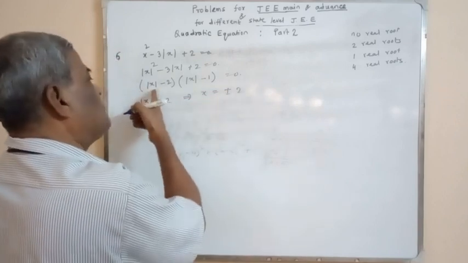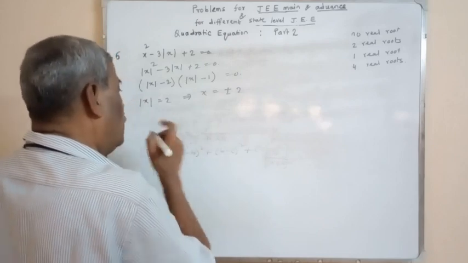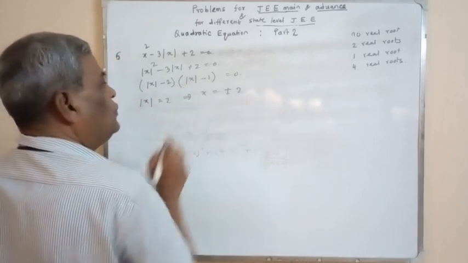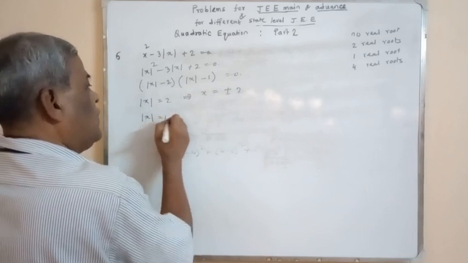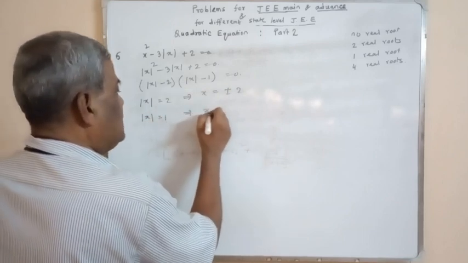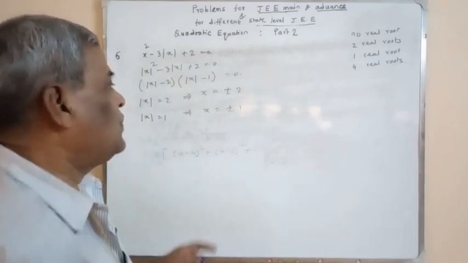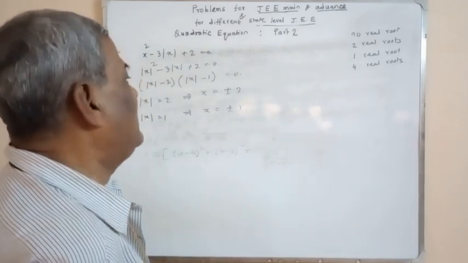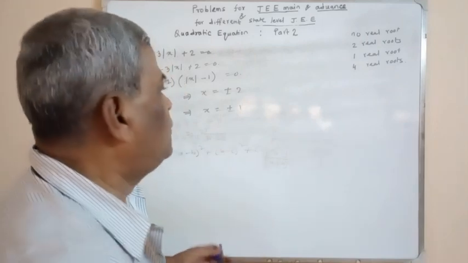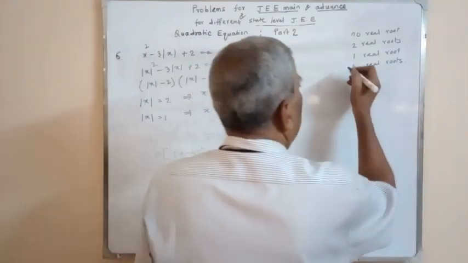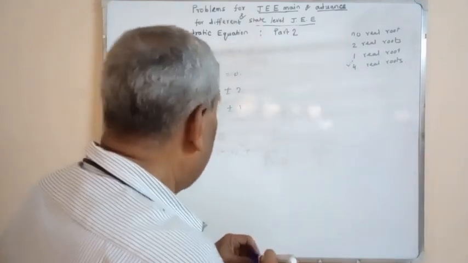So for this one, we get 2 real roots, or the other is equal to 0. In that case, mod x is equal to 1 gives x is equal to plus minus 1. So ultimately we get 4 real roots: 1, minus 1, 2, minus 2. So 4 real roots is the correct answer. So option D is correct.